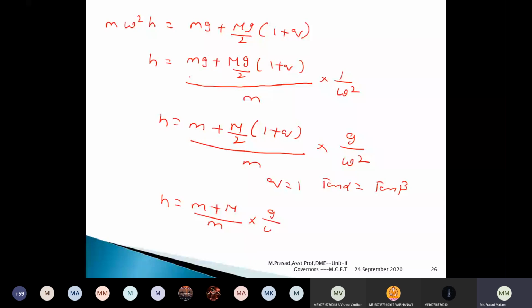This is the relationship between height and speed of the governor. You can replace g as 9.81 and omega as 2 pi n by 60. Next slide I would like to do.